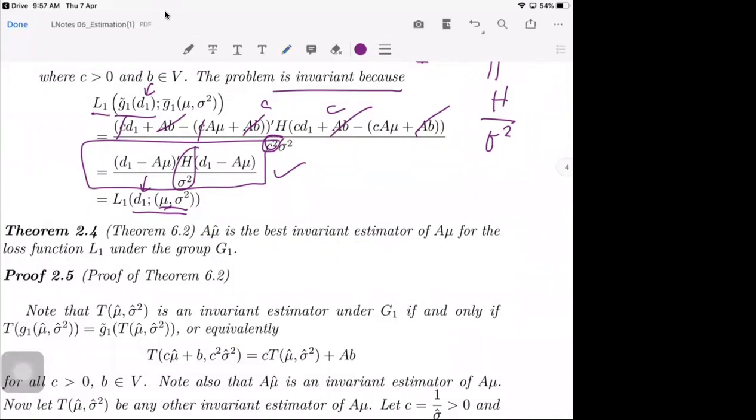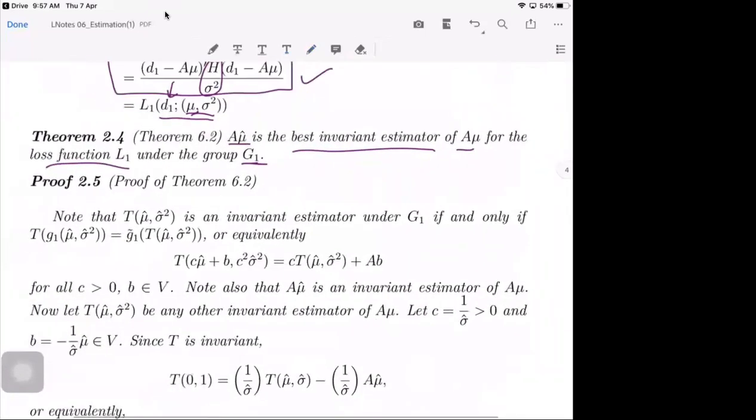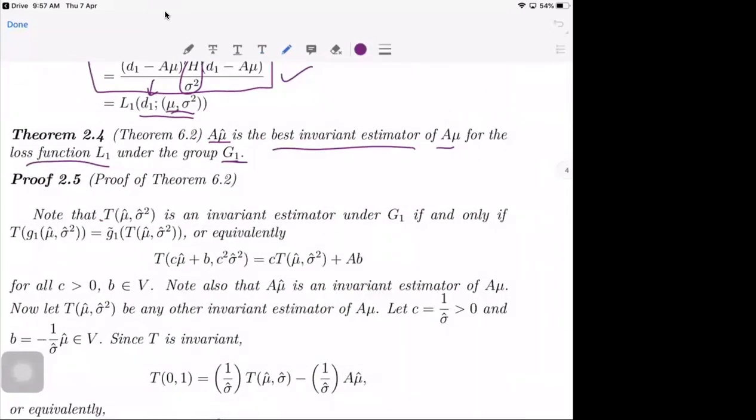So to see that, this is your T of X, T of mu, T of D, or T of X in our notation. Or this is your parameter mu hat and sigma square, the statistic estimators. It is an invariant estimator under G1, the transformation where you add a component to the first, if and only if you can show this.